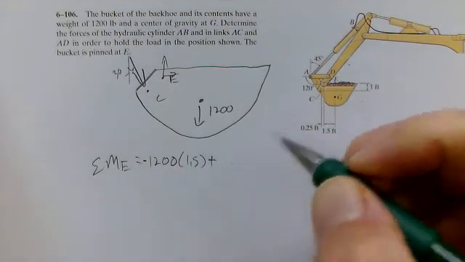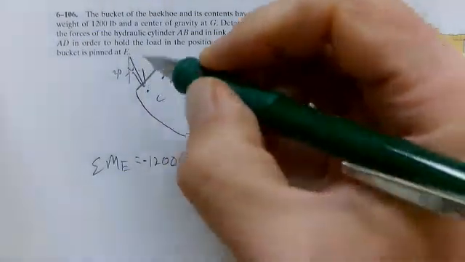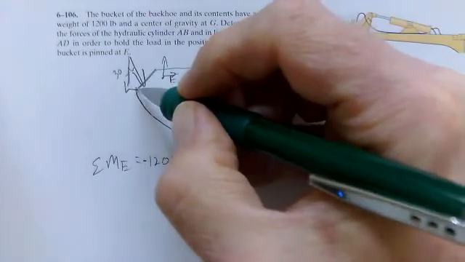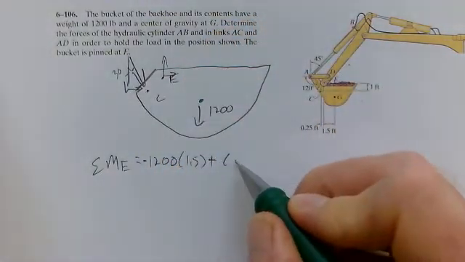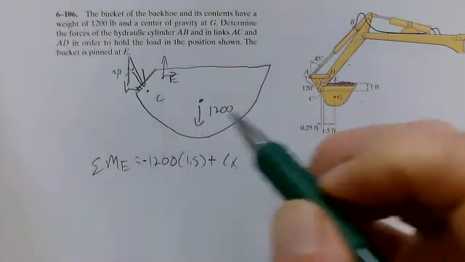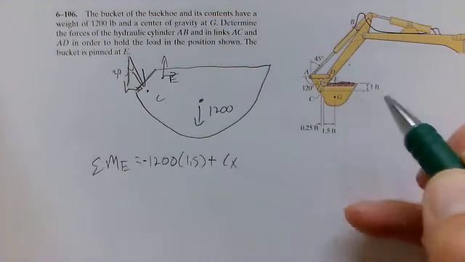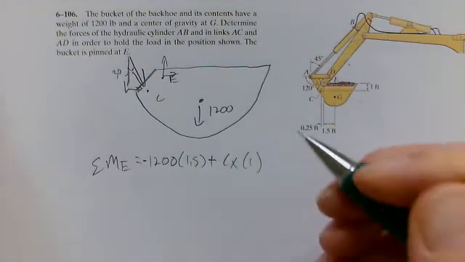And then in the X, I'm going to go ahead and break this into components. And so I know the CX is going to be times this height, which is right here, which is 1 foot. So 1. And that's causing a positive.